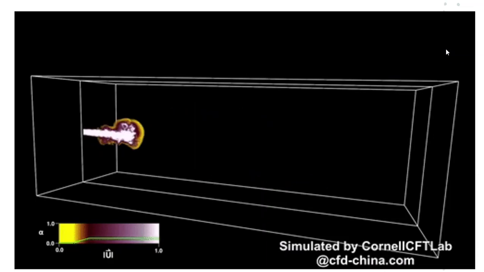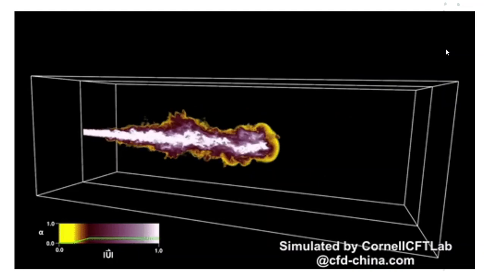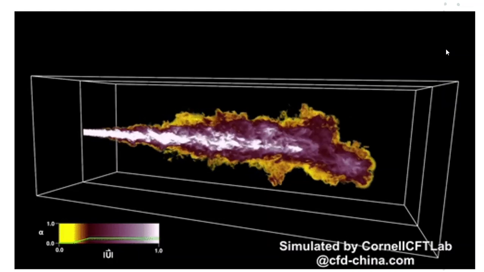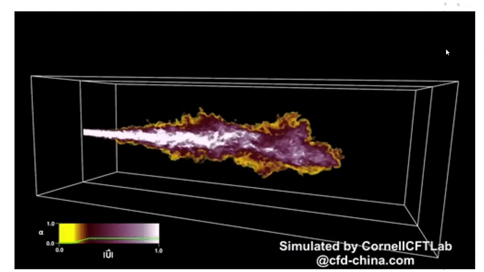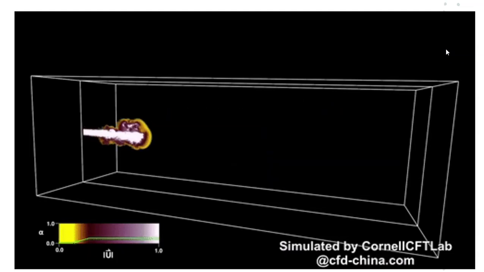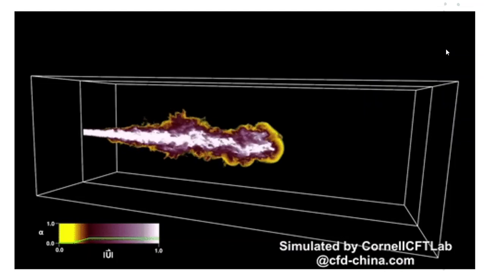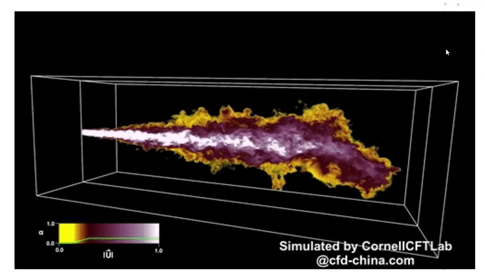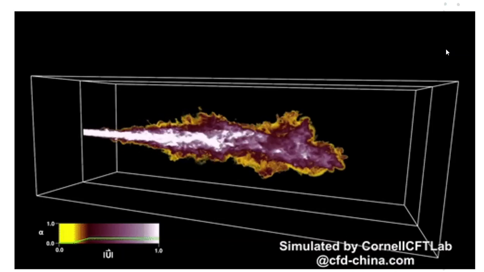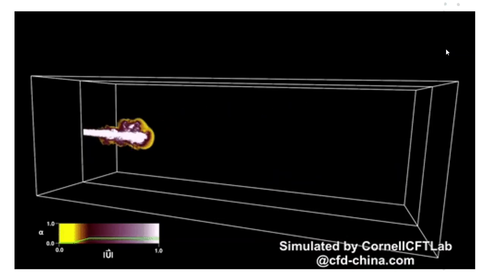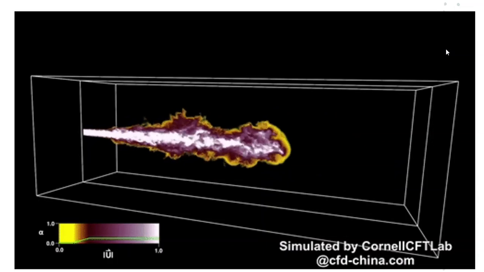It is going in one direction, but it is facing eddies, swirls, and many more. You can observe the velocity is not constant across this, but until a point it's a laminar flow, and thereafter it undergoes a turbulent flow.